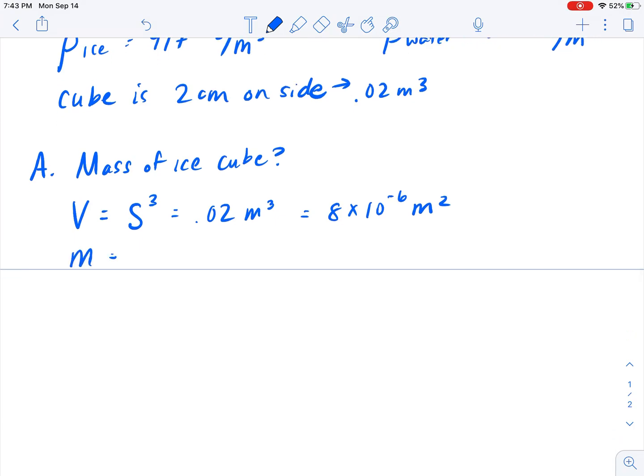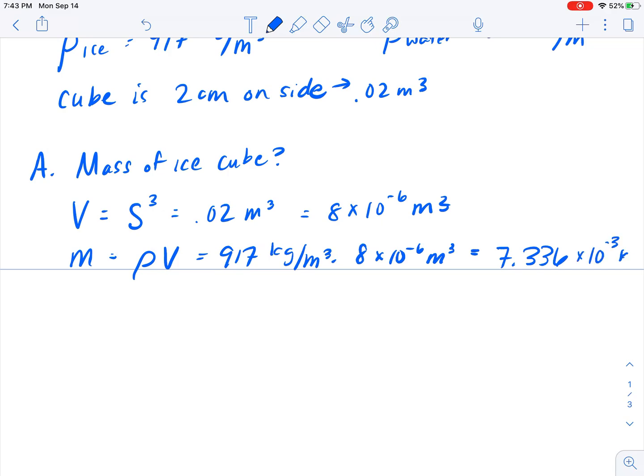And then the mass is going to be the density times the volume, which is 917 kilograms per meter cubed, times 8 times 10 to the negative 6th meters cubed, which gives us 7.336 times 10 to the negative 3rd kilograms.